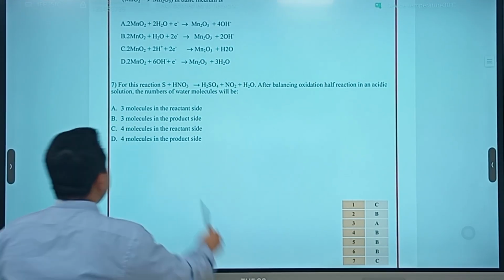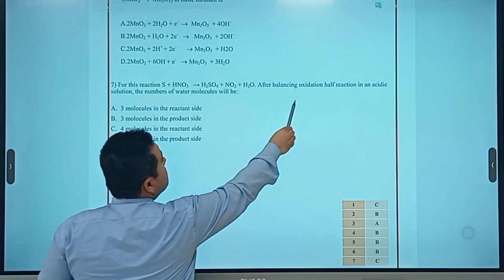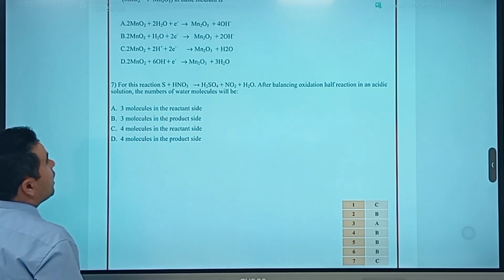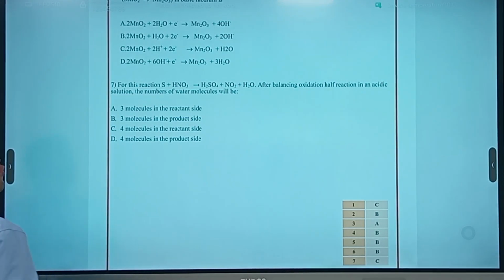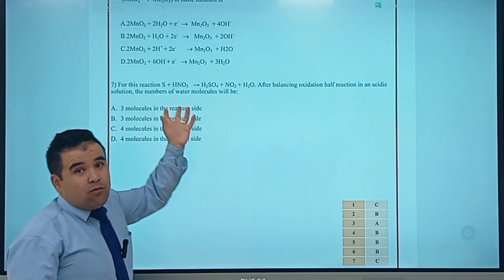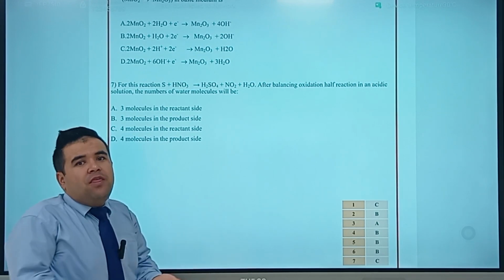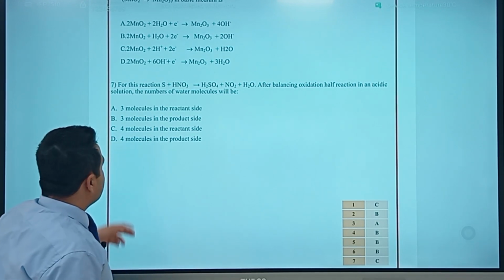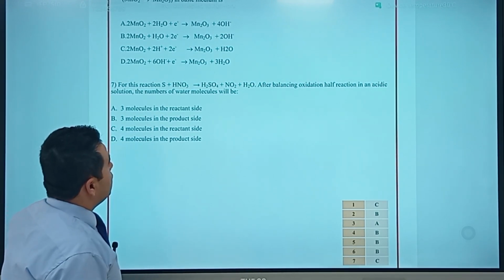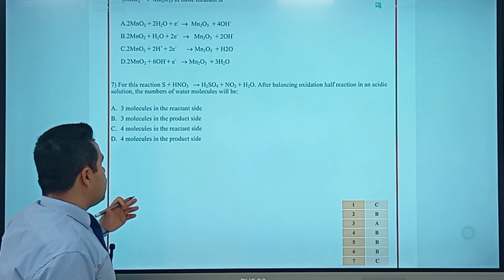The other question in this reaction: after balancing the oxidation half reaction in acidic medium, the number of water molecules will be? So you have to balance the reaction till the end and then calculate the number in the oxidation half.